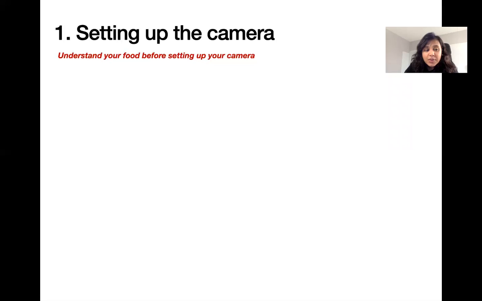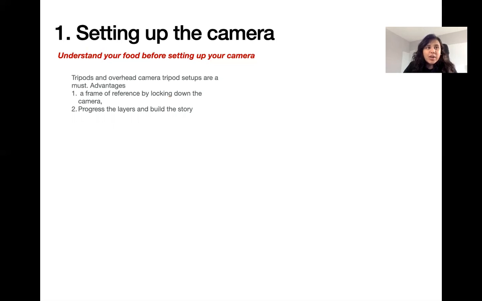As soon as we have the food, we think about how to set up the camera, whether we should do it at 0 degree, 45 degree, or 90 degree, or to tell it in layman terms, whether we should take the picture from the top, from the side, or from the bottom.